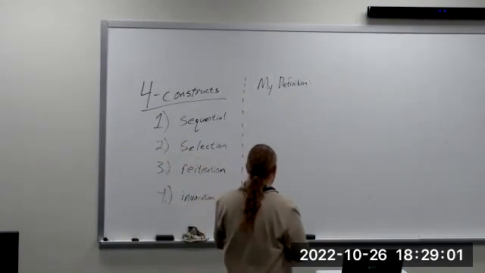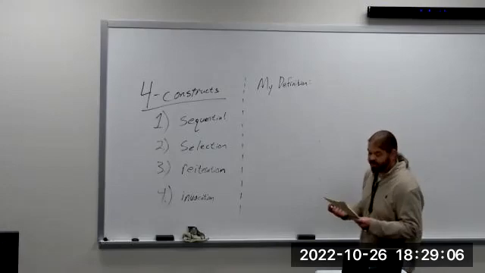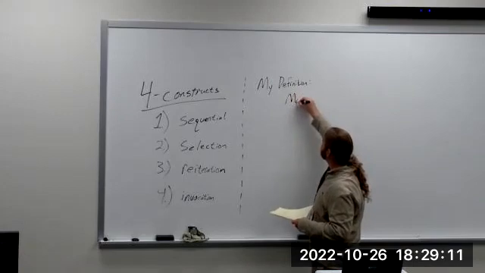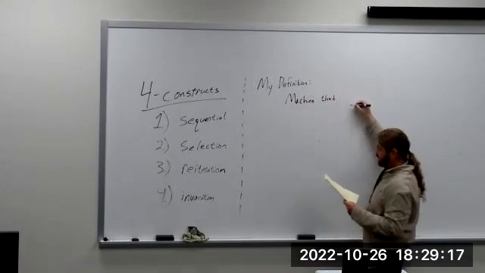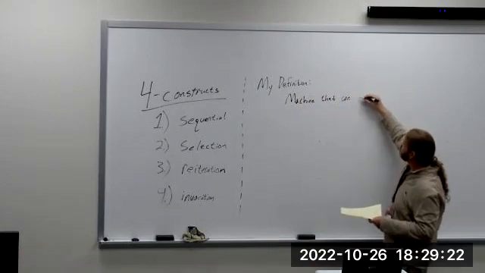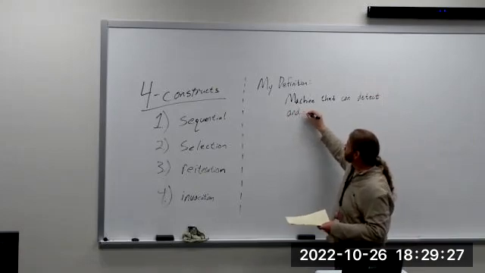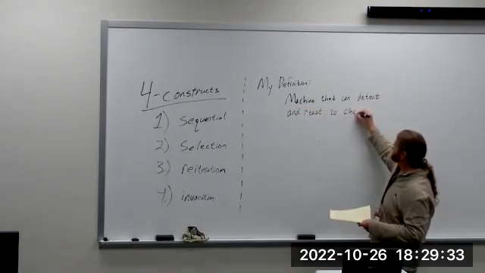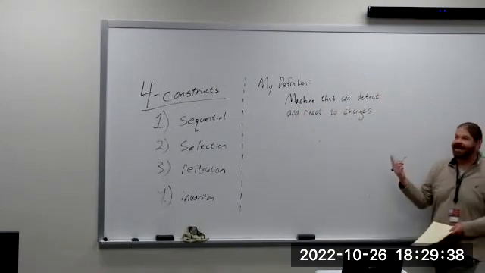So my definition of a computer, and think about what it means to you or how you would define it, is that it is a machine that can detect and react to changes of state, or changes in state, which one would be grammatically correct?